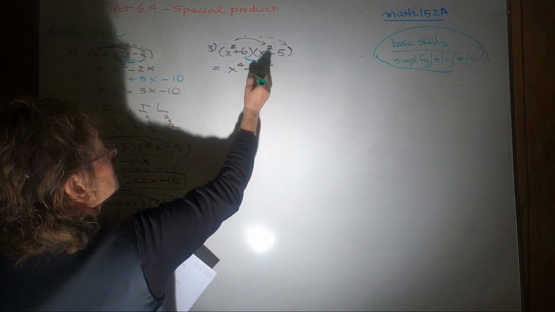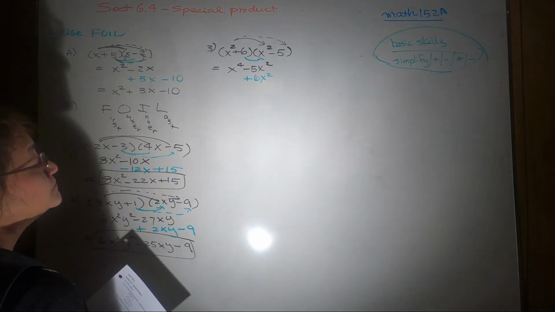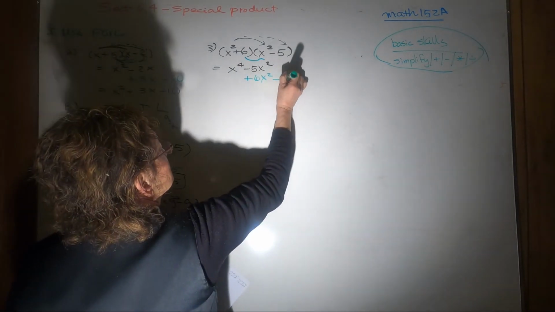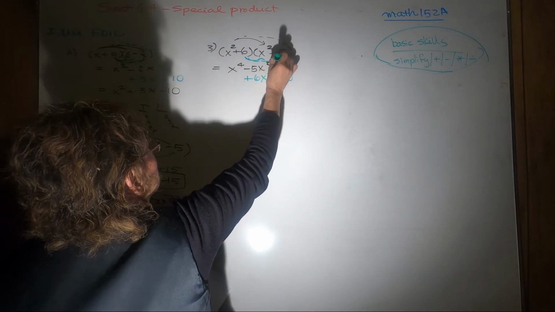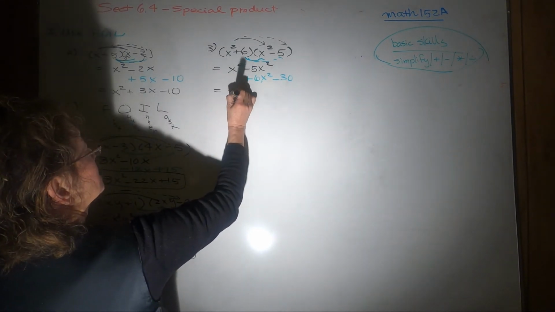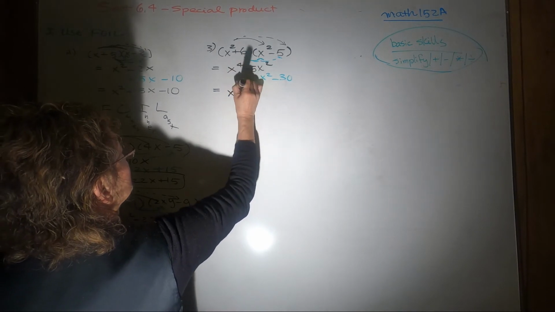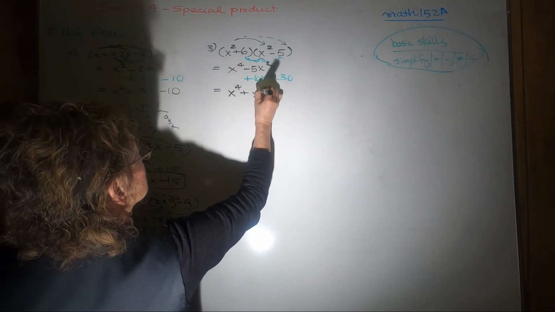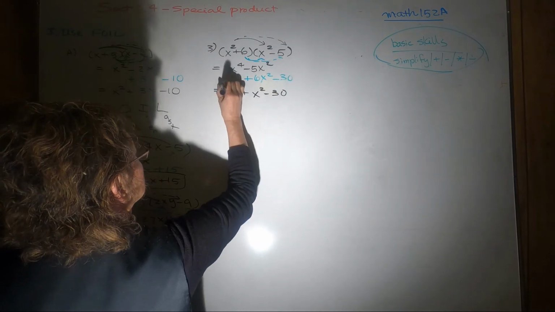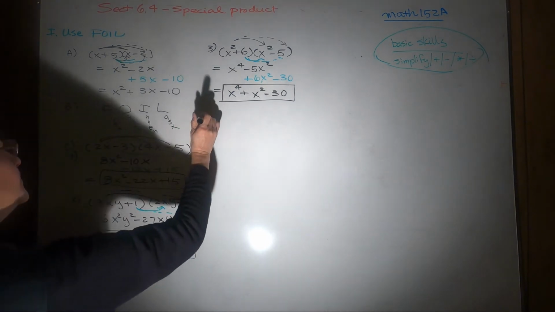Then multiply all the polynomial. Okay, then minus 30, right? The outer, the last. Okay, then what do we have? x to the fourth, then this is x squared, minus 30. Right? We just practice some.